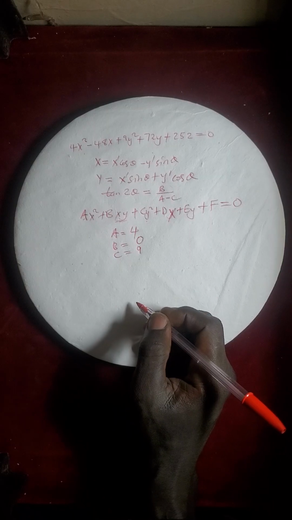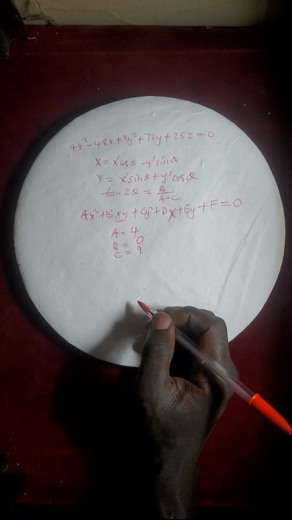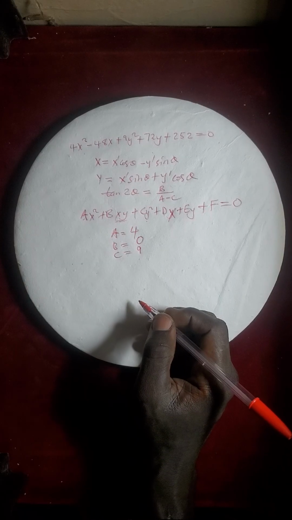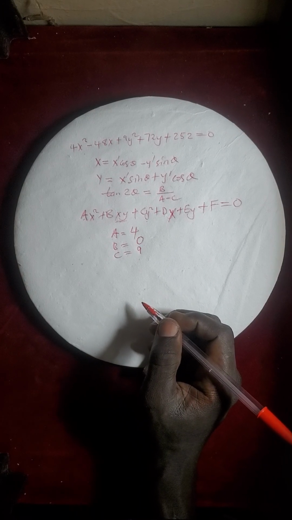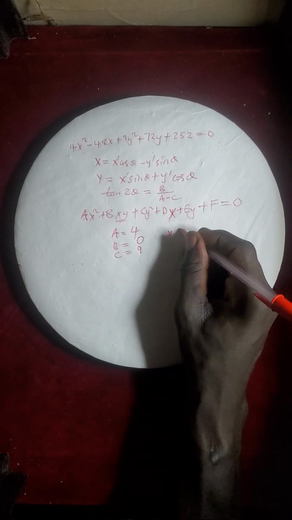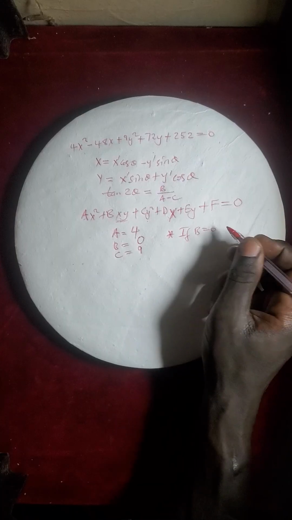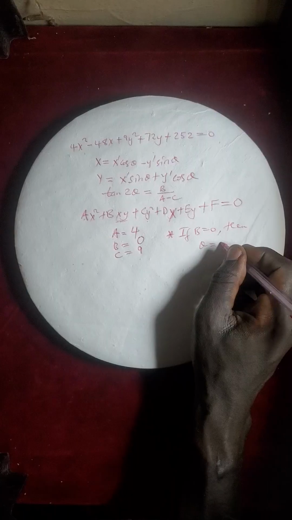Now I have a simplified way of doing this. Since you're going for the exam, you don't need a lot of mastering or remembering of concepts. I know you have a lot of work. To make this work easier, this is the point now: as long as b equals 0, then theta is also 0.